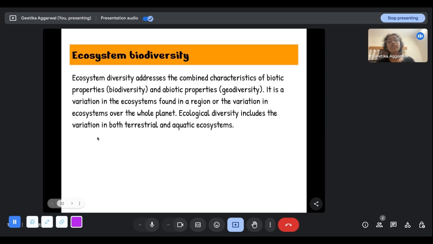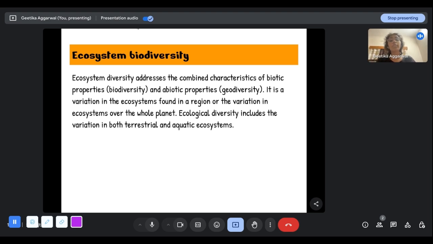Then ecosystem biodiversity addresses the combined characteristic of biotic properties and abiotic properties. Because when you talk about an ecosystem, you have species, which are the biotic properties, and also the abiotic properties like the temperature and the humidity and the landscape properties, right? So ecosystem biodiversity addresses the combined factors of biotic and abiotic properties, and it is a variation in ecosystems found in a region or the variation in ecosystems over the whole planet.